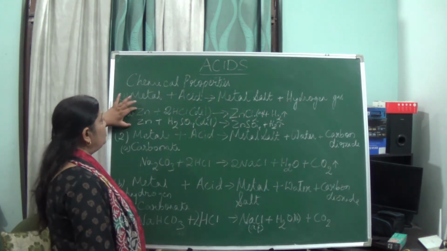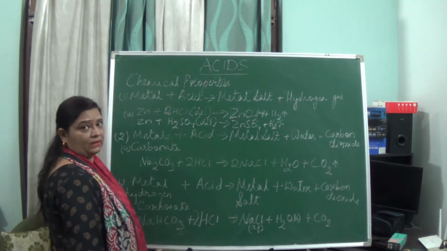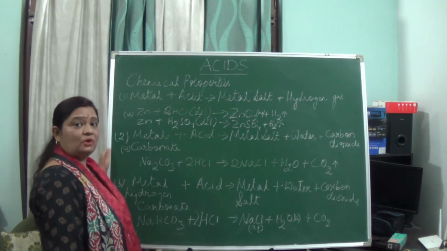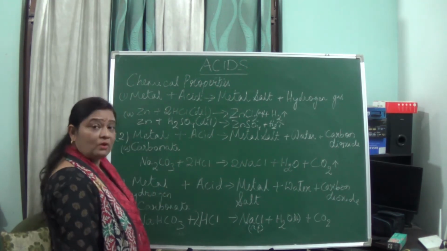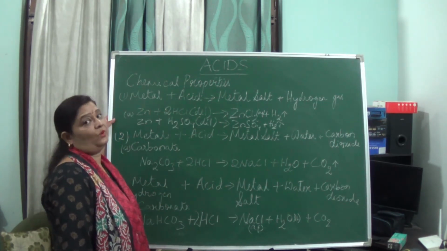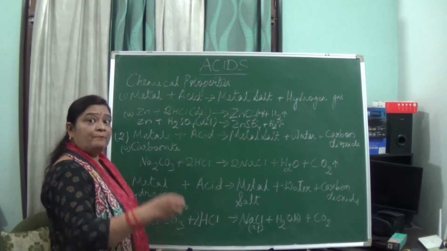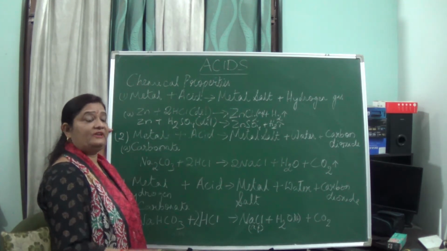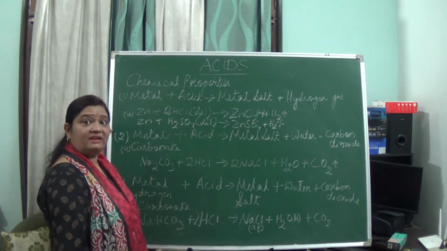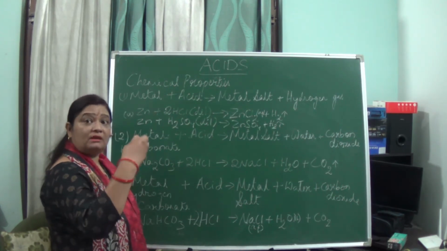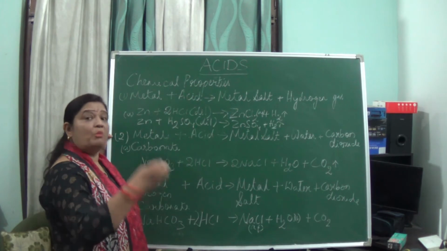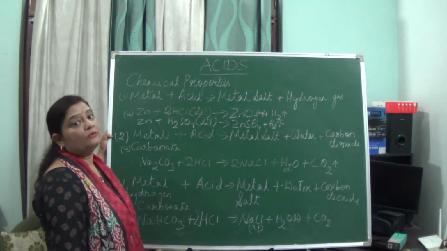When we are talking about these metals, in the previous class I told you about the reactivity series. So the reaction with the acid also depends upon the reactivity series. If we take sodium or magnesium, their reaction will be more vigorous than zinc. The more reactive the metal is, the more vigorous the reaction will be.